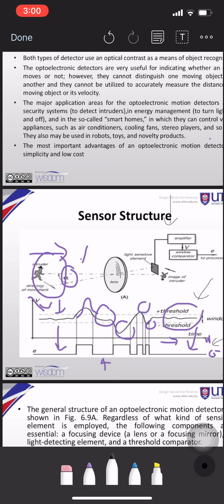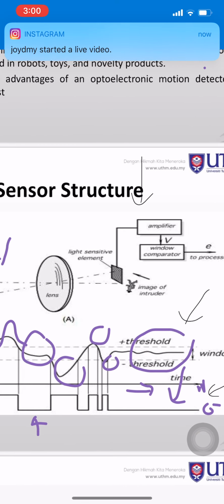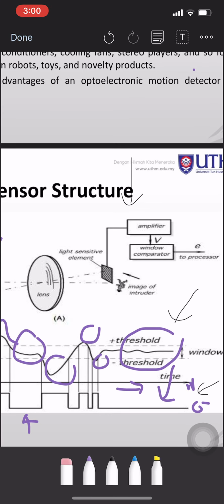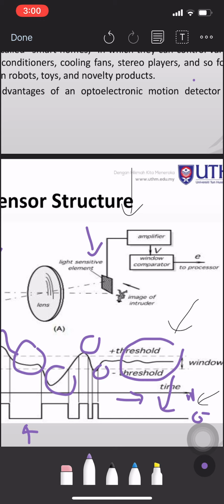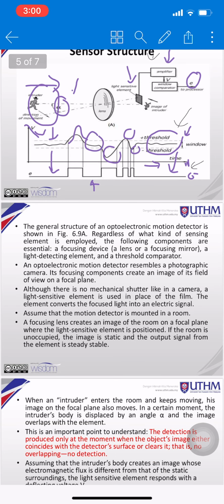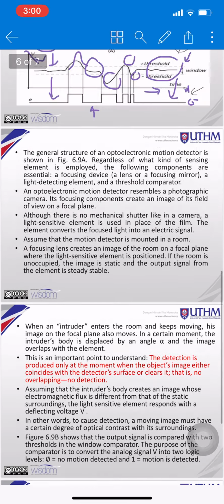The structure of the sensor, in this figure, has a lens, a light sensitive element, an amplifier to amplify the signal, and then the window comparator here to convert the voltage, and here is our output voltage or output signal. So that is the function and working principle of the optoelectronic motion detector.